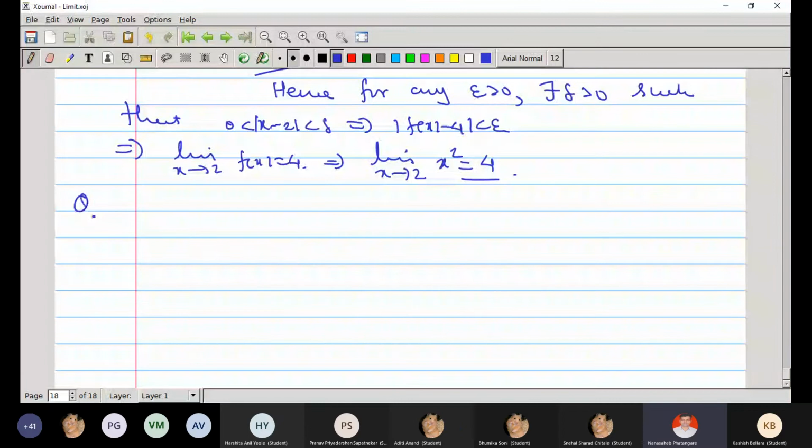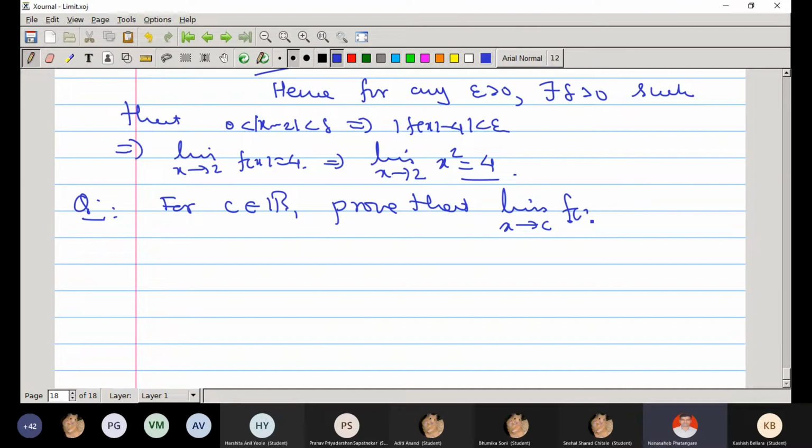Therefore, next part, prove that for any real number C, the limit as x tends to C of f(x) is equal to C square, or the limit as x tends to C of x square is C square. So can you prove this for general any value of C? Yes, sir. Right, so just 2 is replaced by C, and write down the proof in detail.